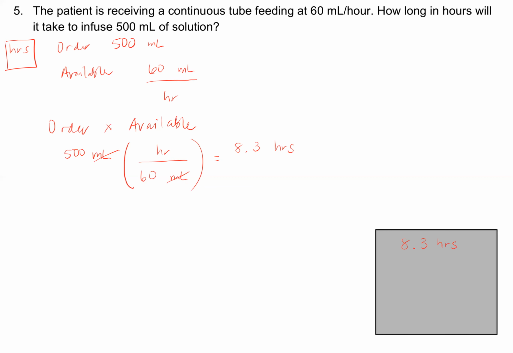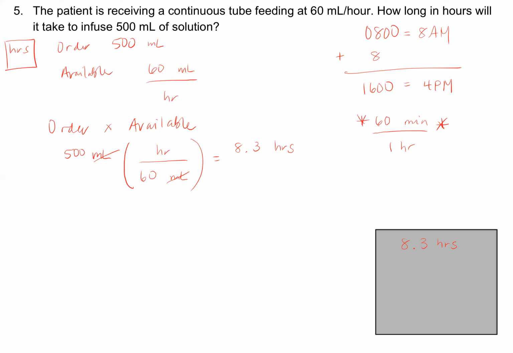In the clinical setting, they may ask you what time. So let's say you hung your tube feeding at 0800 in military time, which is 8 a.m. So you're going to add 8 hours first. So it's going to be 1600 or 4 p.m. In order to figure out the minutes, remember there are 60 minutes in 1 hour.